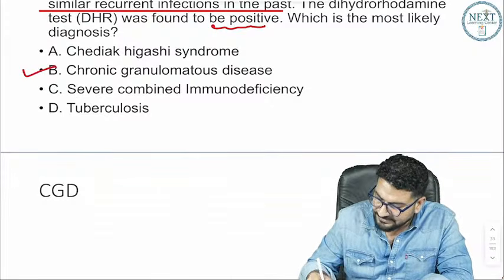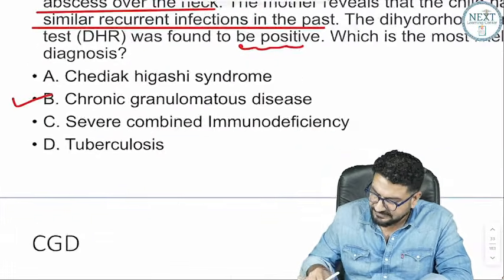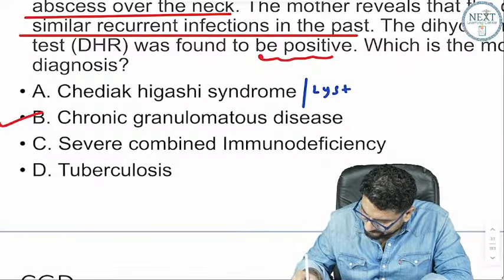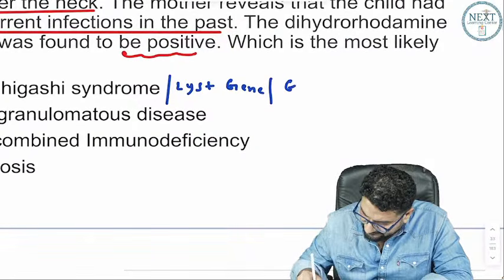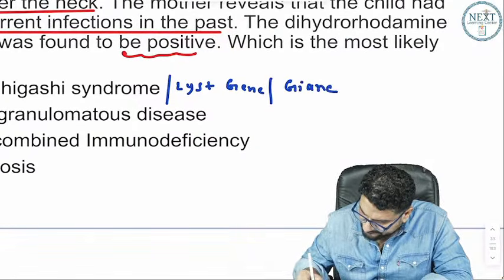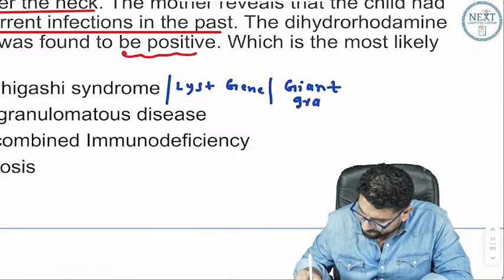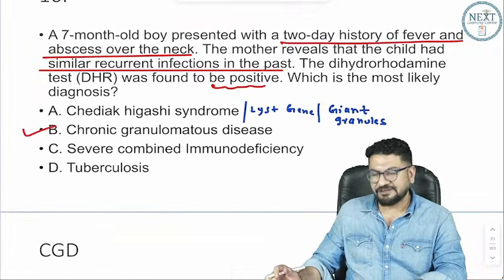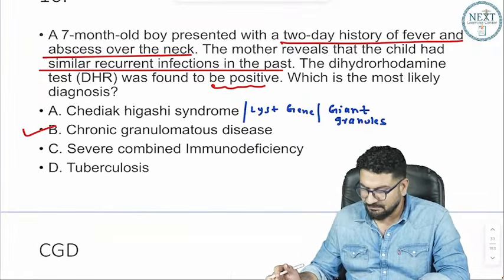Now understand. Chediak-Higashi syndrome occurs basically due to LYST gene mutation, and what they ask you is that the patient will have giant granules or large granules in the cytoplasm. Now coming to SCID. SCID means severe combined immunodeficiency.